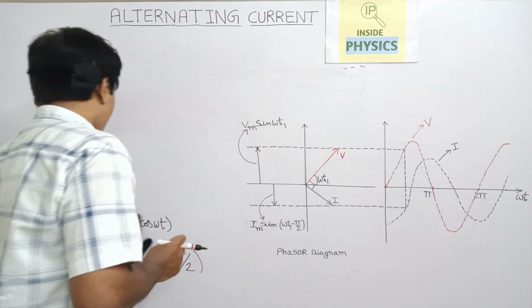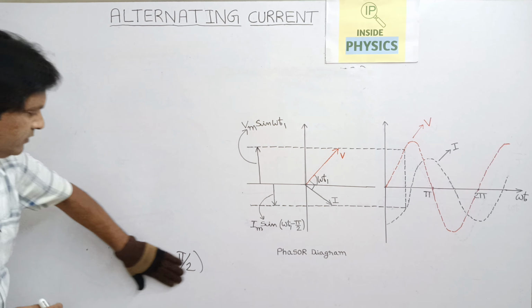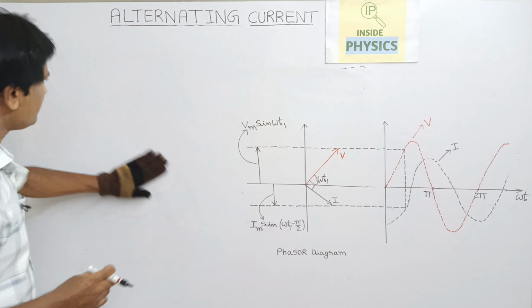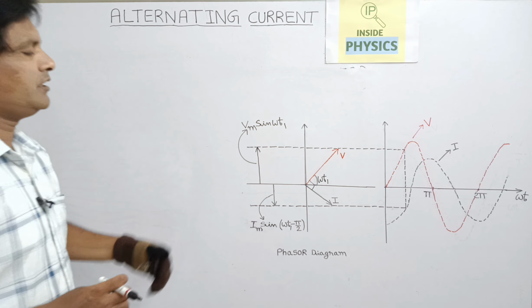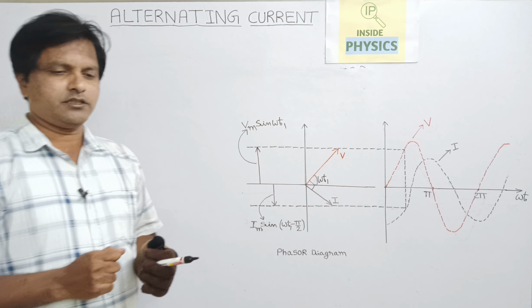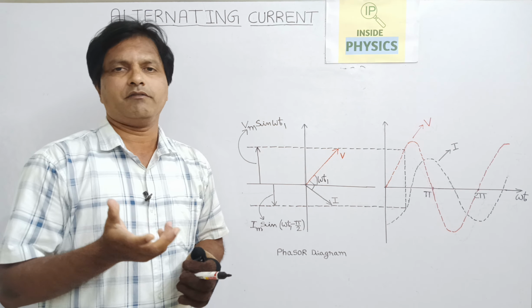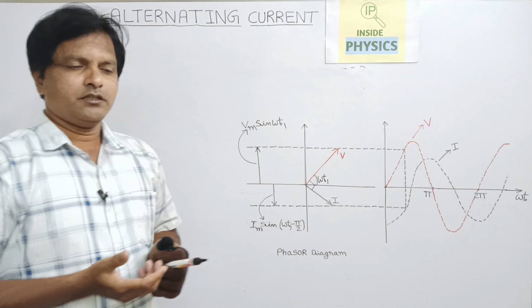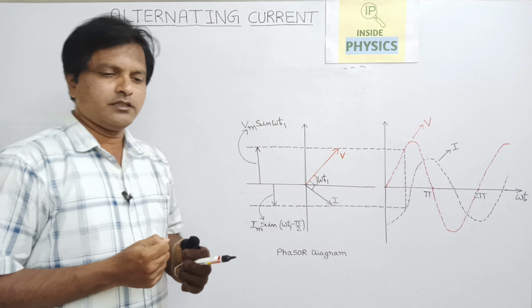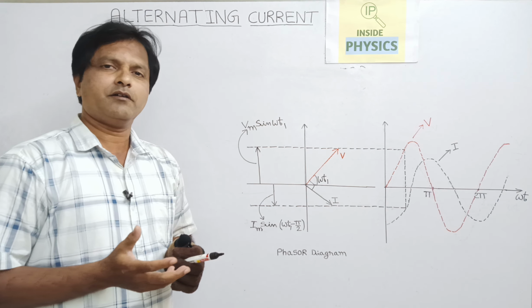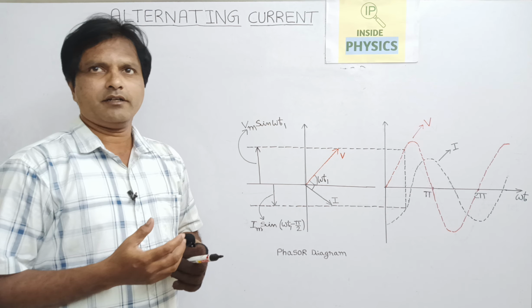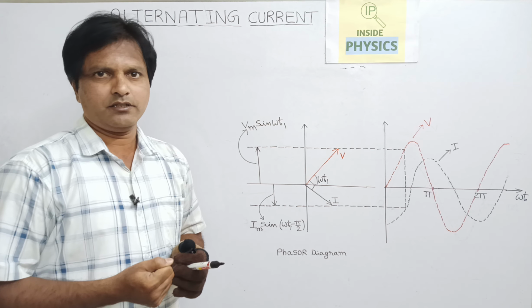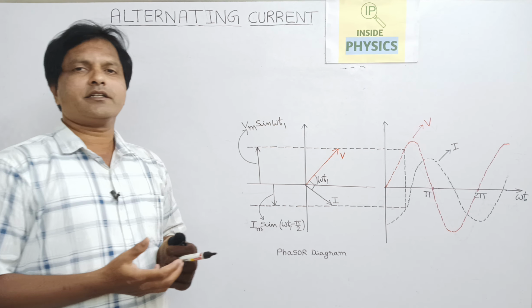We know that resistance will consume power. When power is dissipated, that means power is consumed, and whenever there is power consumption, there is also dissipation, a wastage of electrical energy.